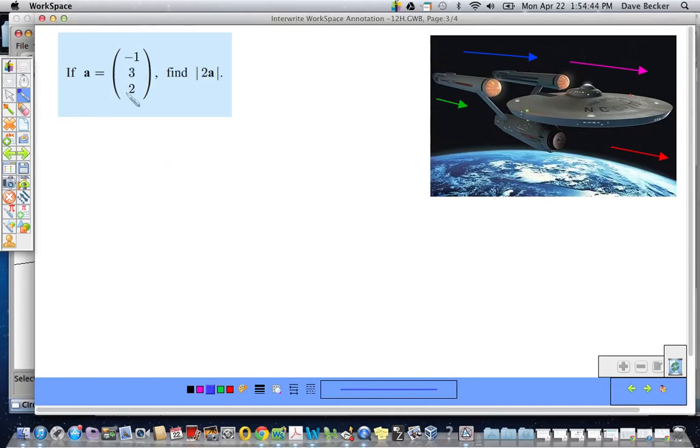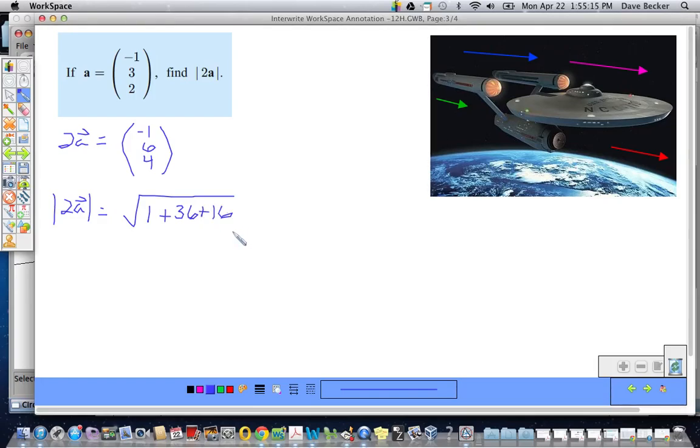If a equals negative 1, 3, 2, find the magnitude of 2a. Well, 2a is equal to 2 times every one of the components, negative 2, 6, and 4. So therefore, the magnitude of 2a is equal to the square root of the sum of each of these squared. So negative 2 squared is 4, 6 squared is 36, 4 squared is 16.